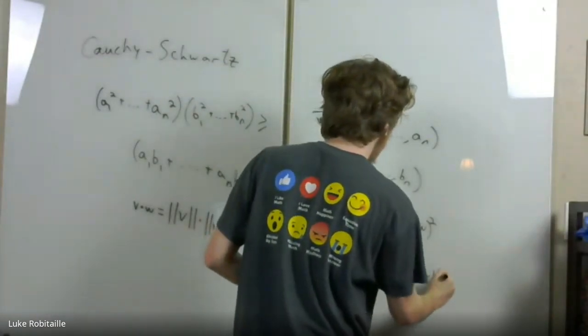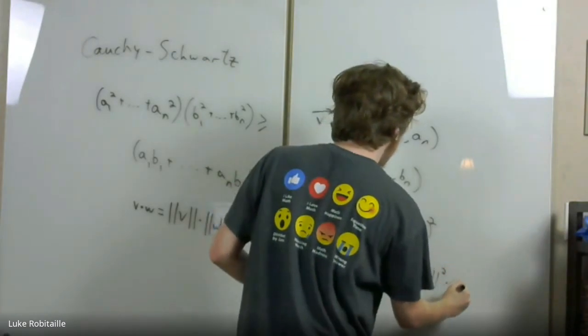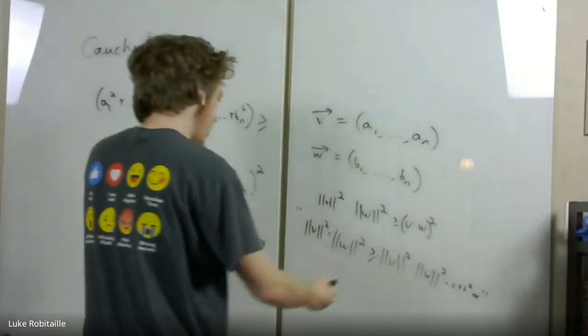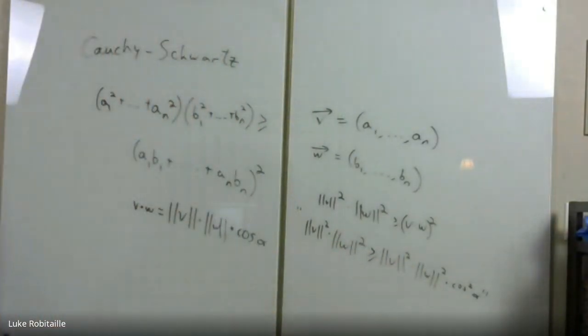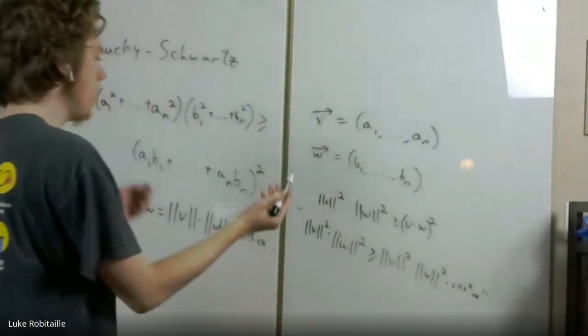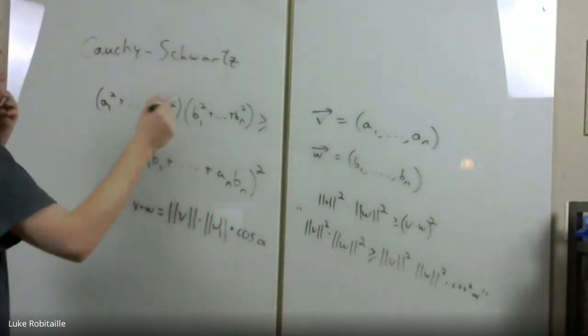But sort of this can give you a hint: if you look at what's happening, the only way you could have equality is if one of them is 0, or if the cosine squared is 1, because the cosine is between 1 and -1.